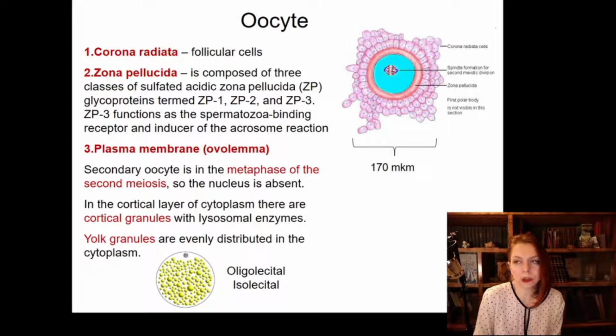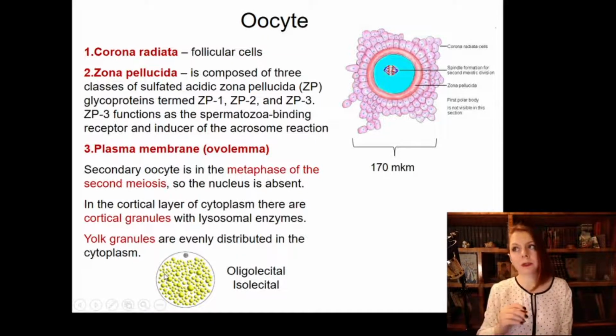We don't need too much, as birds, for example. Birds use the yolk along all the embryonic period. So, of course, their oocytes are polylecytal. Then, due to distribution of the yolk, we call our oocytes isolecytal. Iso means equal. Isolecytal means that yolk is equally distributed in the cytoplasm.